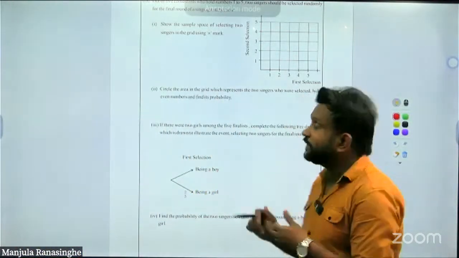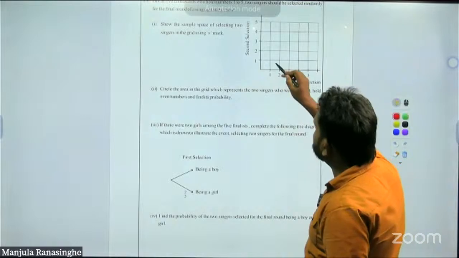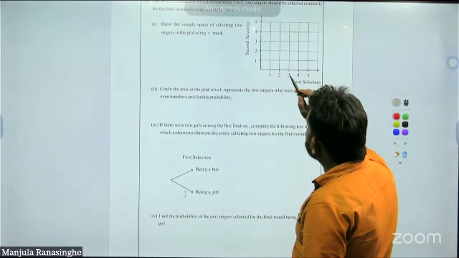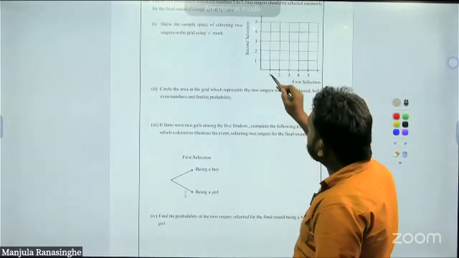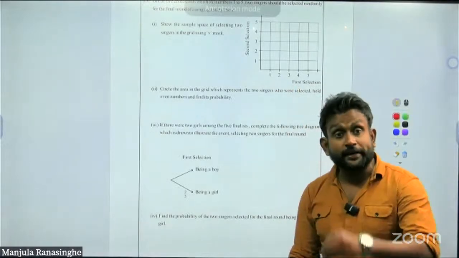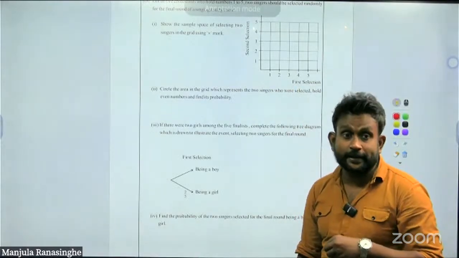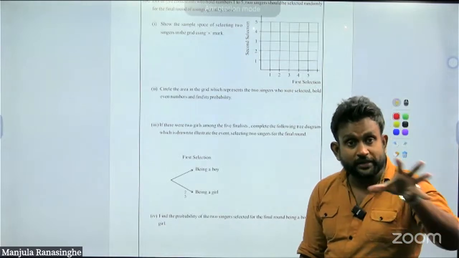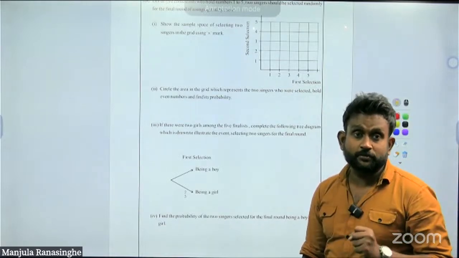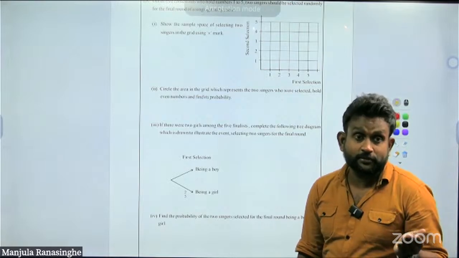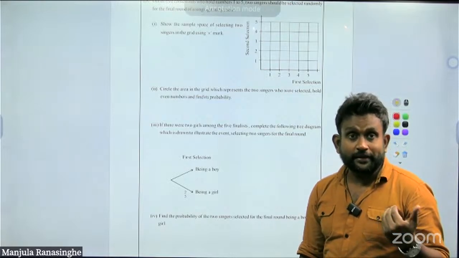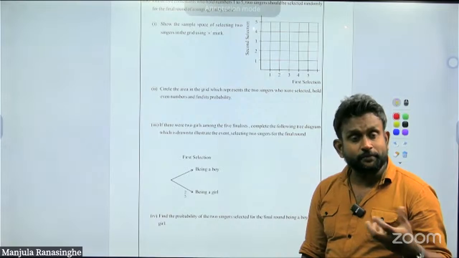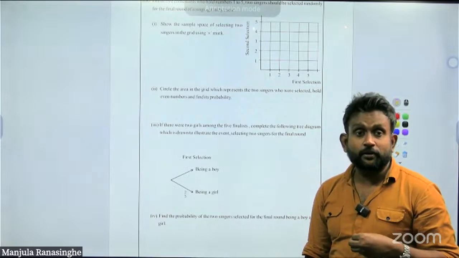If I select the first selection as one singer, for the second singer, can I select that same person? No. By common sense, we are going to select two different people. One cannot act as two people. It isn't given exactly, but you have to feel that with common sense.